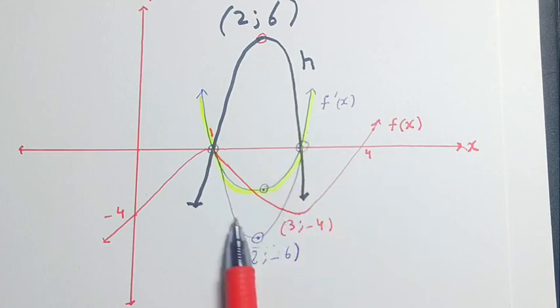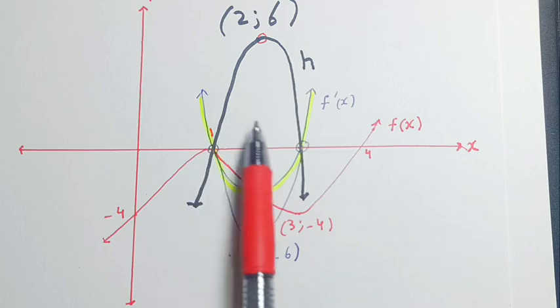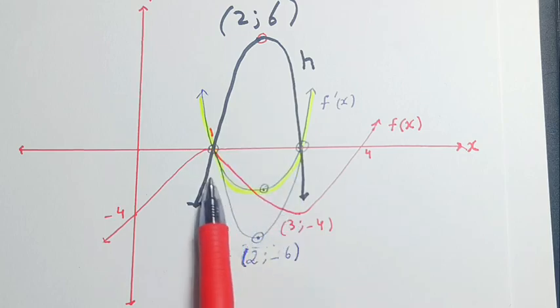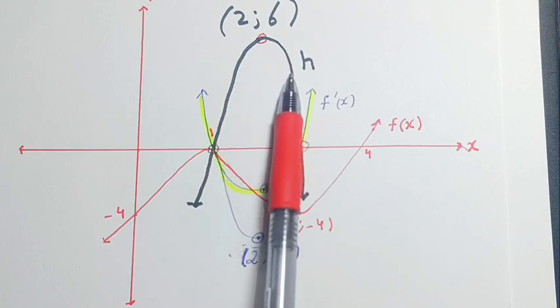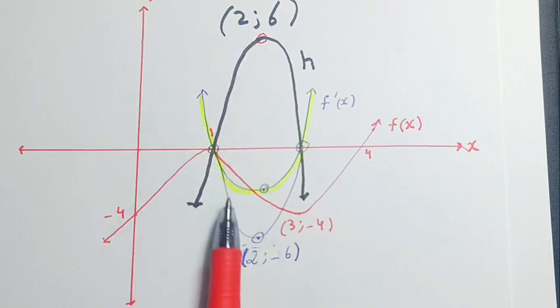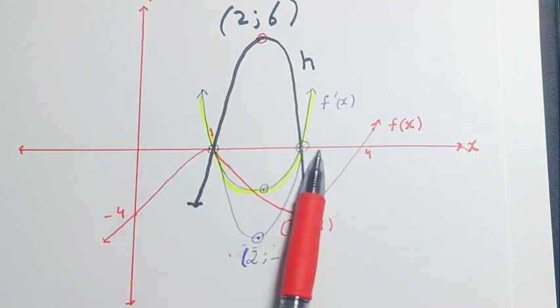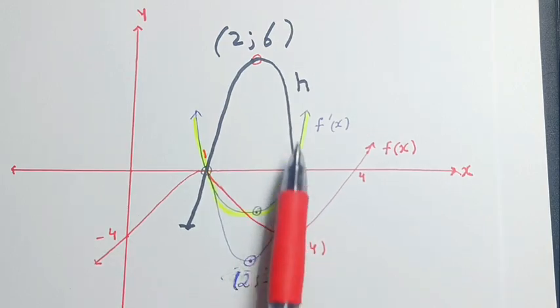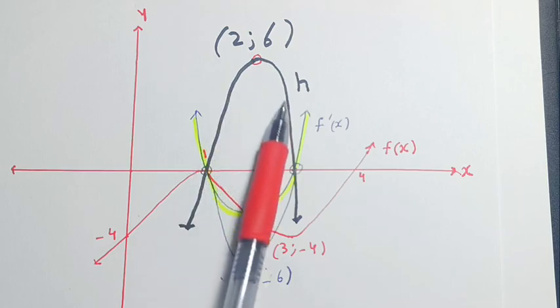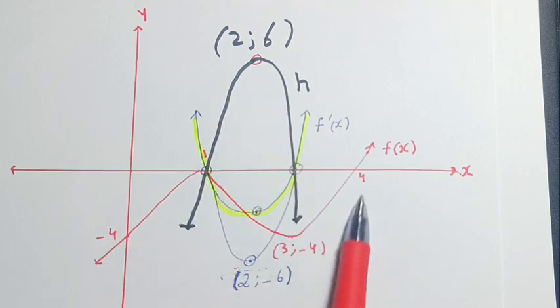So now this graph is going to flip over, a reflection on the x-axis, so the turning point's y value is going to be positive, but the x-intercepts won't change. So now this is your h, because he said h is equal to negative 2 multiplied by the first derivative of x. If you multiply the first derivative by negative 2, that becomes h. So this is the graph of h, and this is the graph of f.